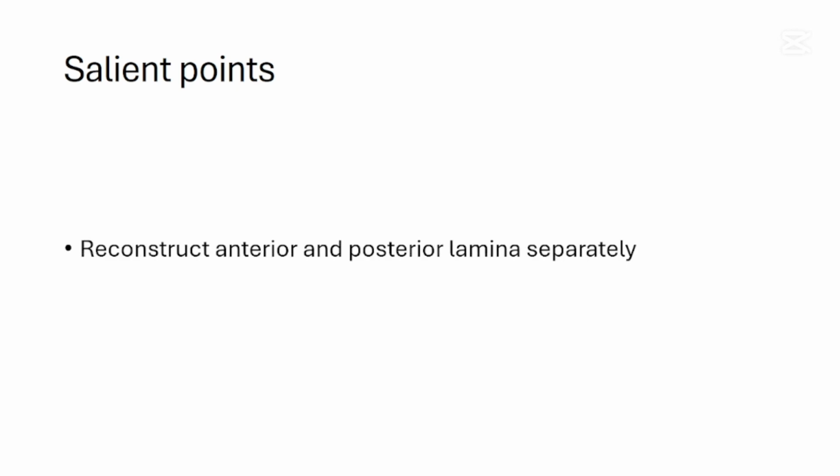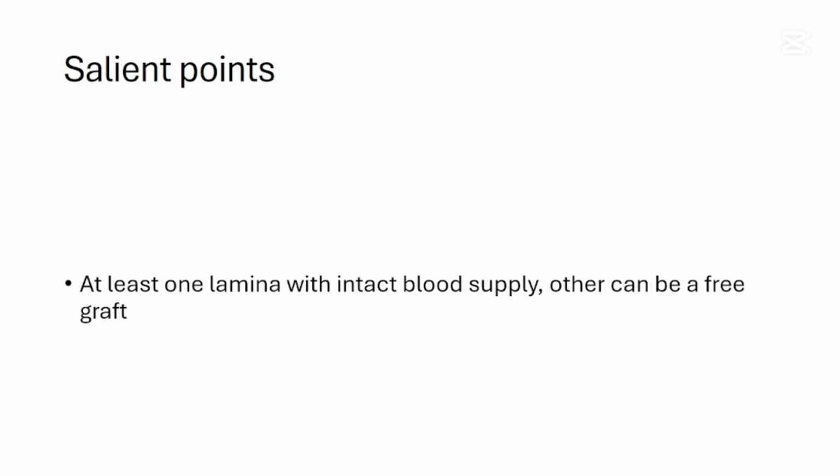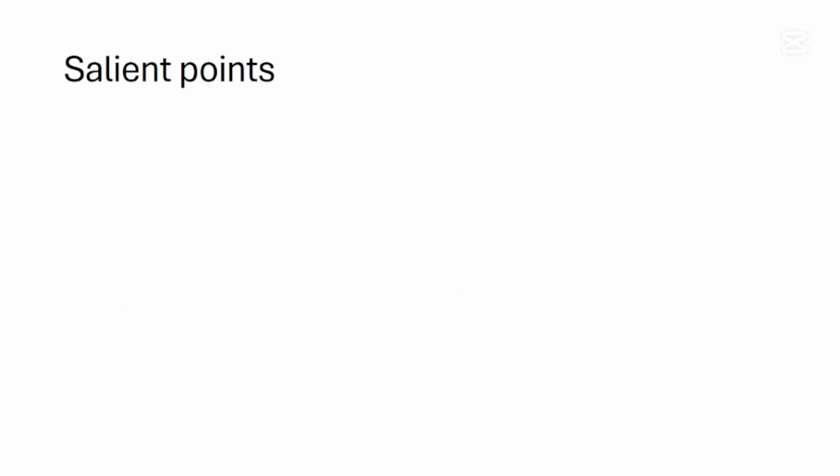And reconstruct the anterior lamella, the anterior two layers, and the posterior two layers separately, not in a single go. And one lamina at least should have a blood supply.